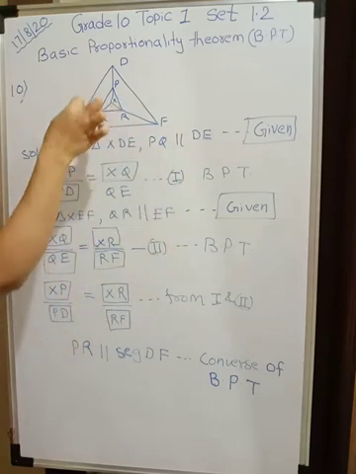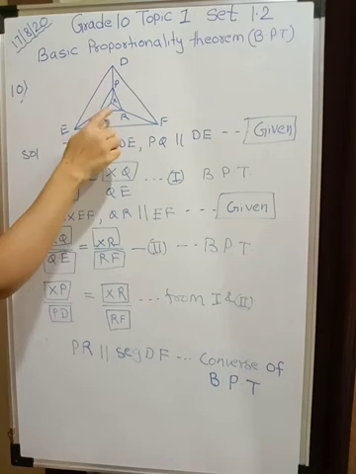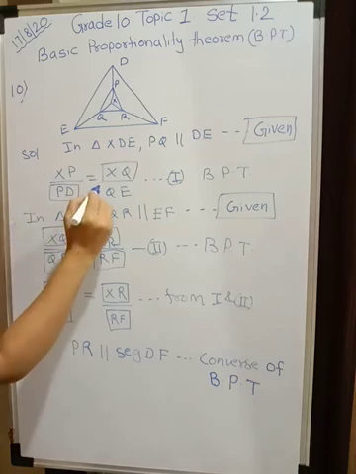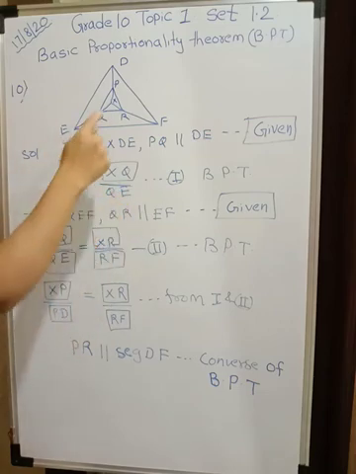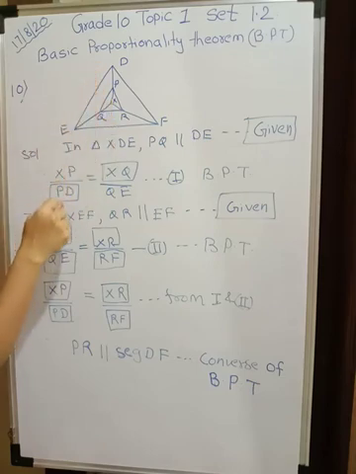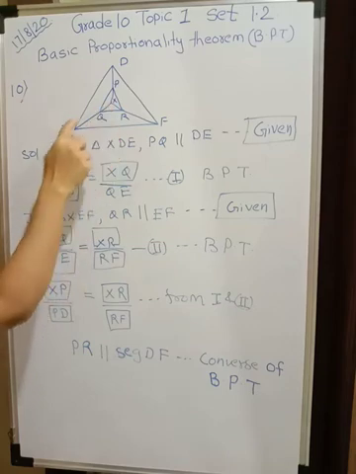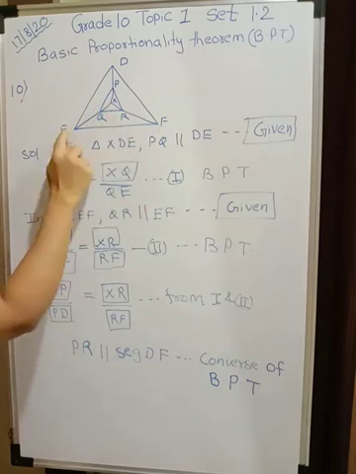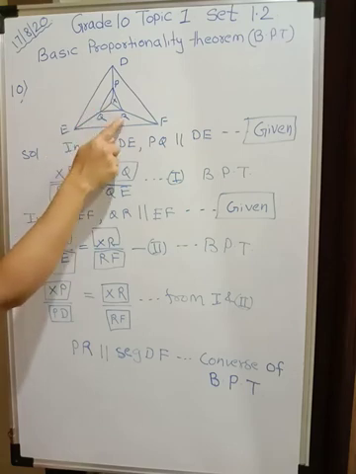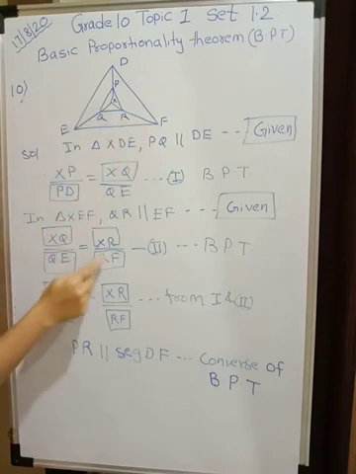If these two lines are parallel, turn this triangle and imagine you have XQ upon QE. XQ upon QE will be equal to XP upon PD. Okay. Similarly in triangle XEF, now QR is parallel to EF. So you have XQ upon QE is equal to XR upon RF.